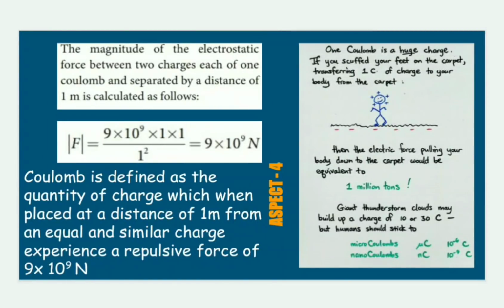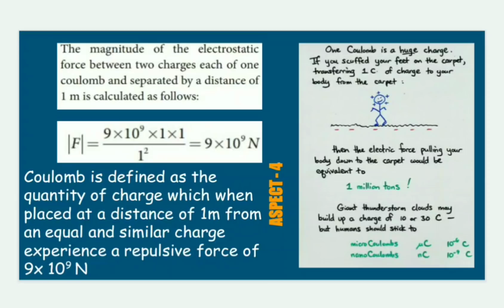Now let us pass on to aspect 4. First aspect explained about magnitude, second one about direction, third one about constant, and fourth one is going to explain what is Coulomb. So we are going to define Coulomb based on Coulomb's law. So what is Coulomb's law? F is equal to 1 by 4 pi epsilon naught Q1 Q2 by R square. Now we are going to take Q1 and Q2 to be 1 Coulomb itself.